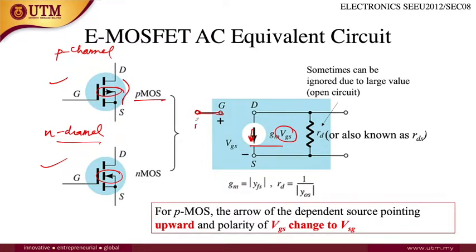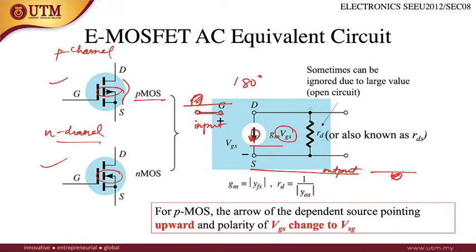This is the input part and this is the output part, and there is an inversion phase of 180 degrees. So if the phase for the input is positive, the output will be negative because of the 180 degree phase inversion.